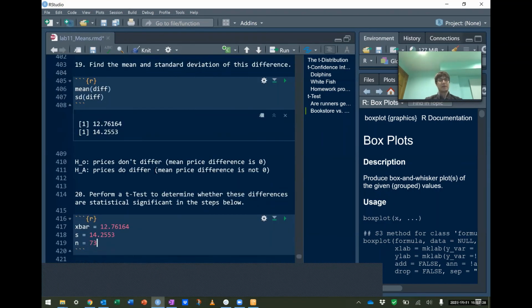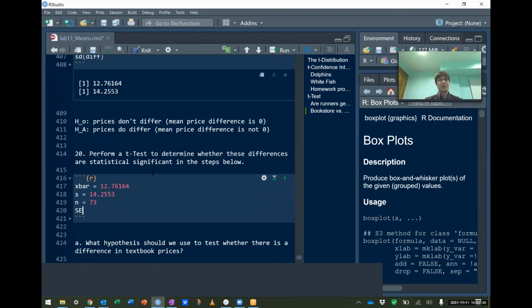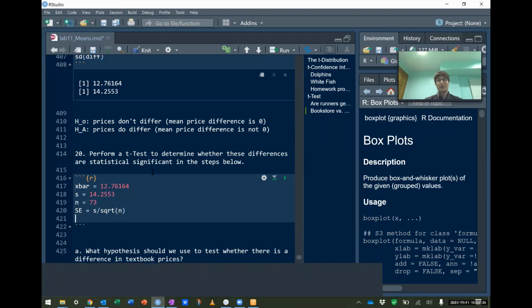So with that, we can find our standard error. And by now, I want you to be trying to do this on your own, right? And the t-score is the observed mean minus the null, the expected mean. What's the expected mean? If the prices don't differ, that mean is 0.